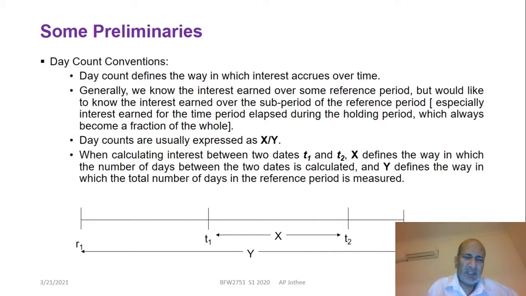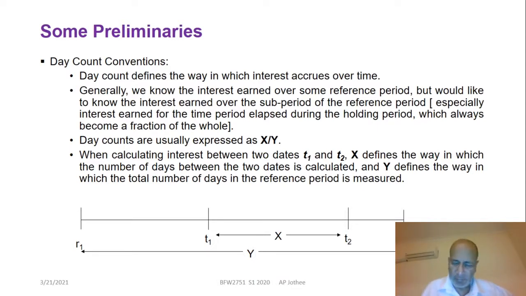Especially interest earned for a time period elapsed during the holding period, which always becomes a fraction of the whole. So day count is usually expressed as X over Y, where X is the sub period between time T1 and time T2 where it's involved, while the dividing Y is always the total reference period of time, 1 year.